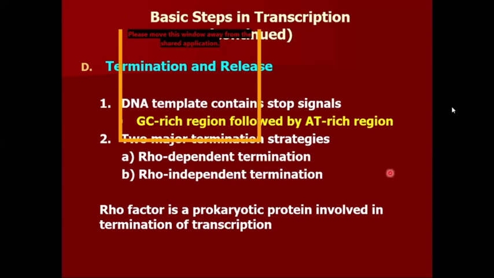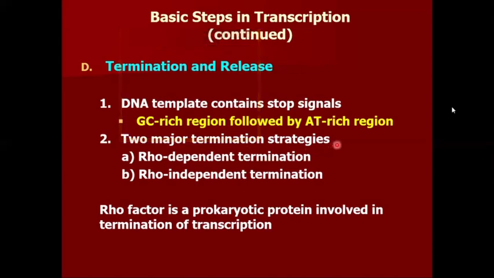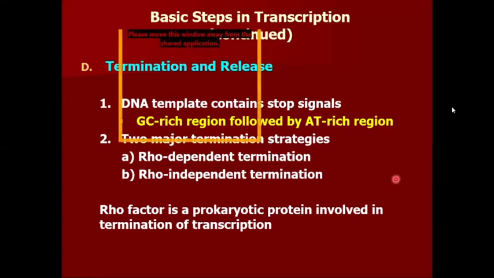It is ushered in by a region that is rich in guanine and cytosine, followed by a region that is rich in adenine and thymine. And there are two major termination strategies: rho-dependent termination and rho-independent termination, depending upon the species.